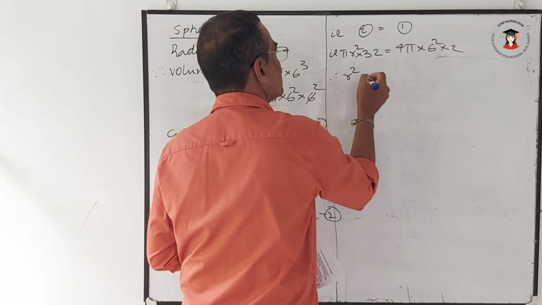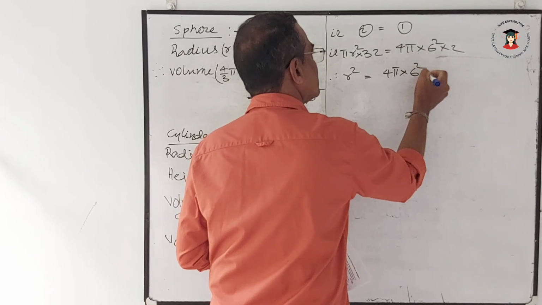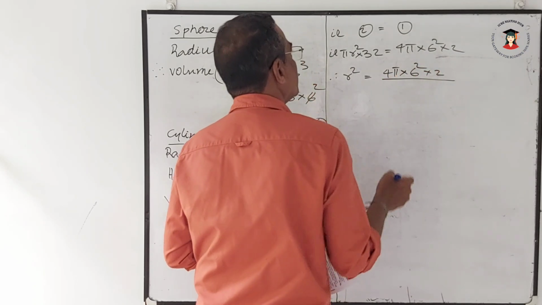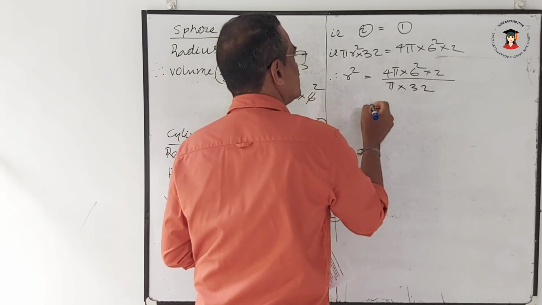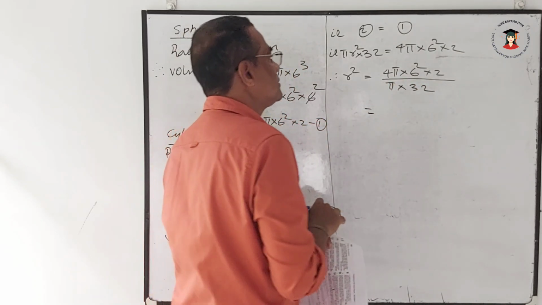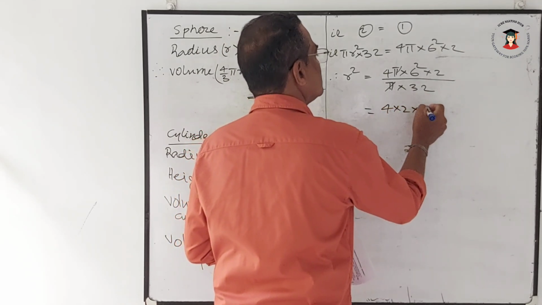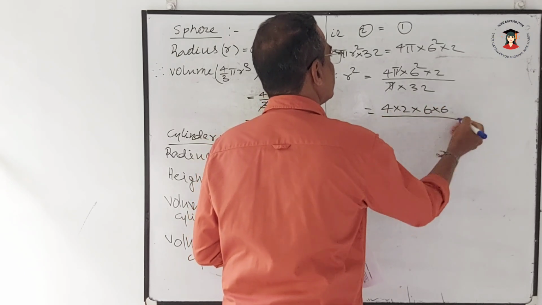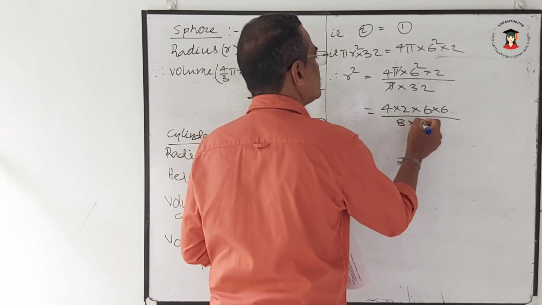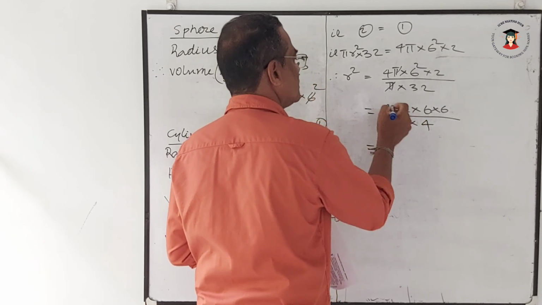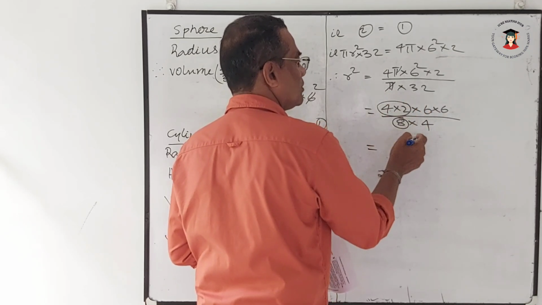Therefore, r square is equal to 4 pi into 6 square into 2 divided by pi into 32. So this is equal to 4 into 2 into 6 into 6, and 32 can be written as 8 into 4. 4 into 2 is 8 and this 8 will go.